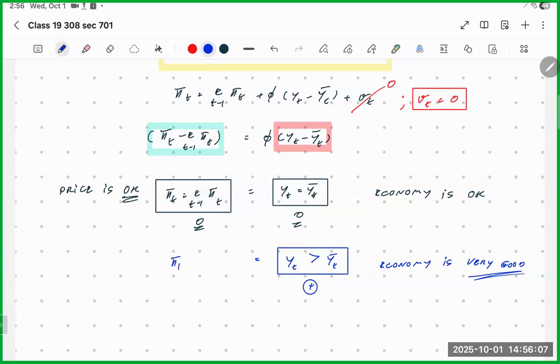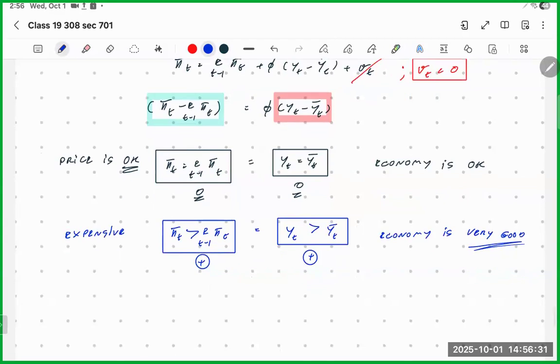So pi t is going to be greater than expected t minus 1 pi t. Inflation today is higher than what people expected, which means everything is expensive. Okay. Positive equal to positive. If the economy is very good, it's going to be followed by everything becoming more expensive.